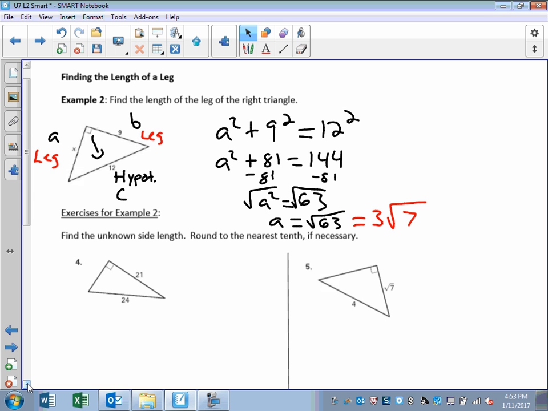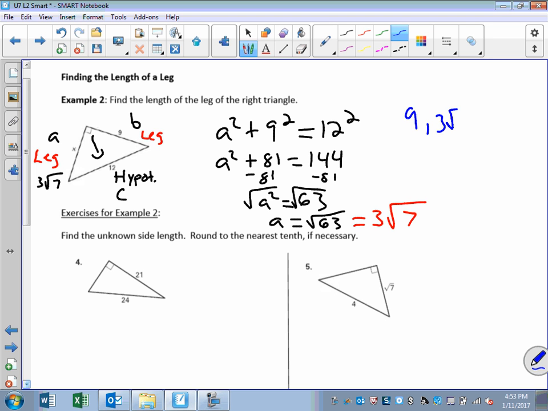Now, it doesn't tell us or ask us to say if it's a Pythagorean triple, but we can tell that it isn't. Because if we list out the sides, now that we know them, we'll write the leg over here, 3 radical 7. We got 9, 3 radical 7, and then 12. 3 radical 7 is not a whole number, so it's not a Pythagorean triple.